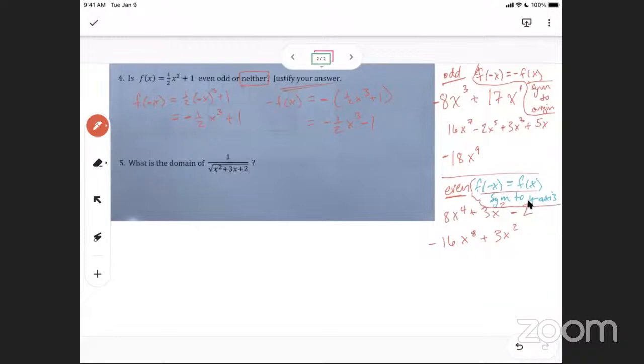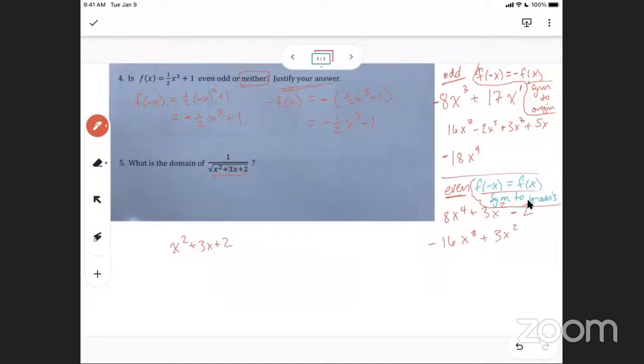Now, what is the domain of this? Well, domain, again, what I do is I say, what can this not be? This is a little bit of a trickier one. What has to be true about this? X squared plus 3x plus 2 has to be what?